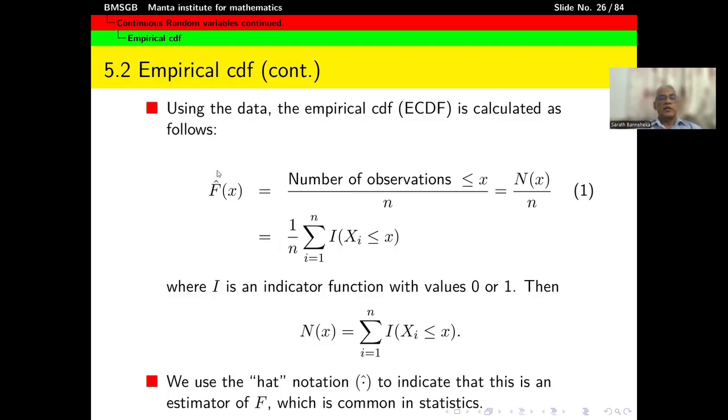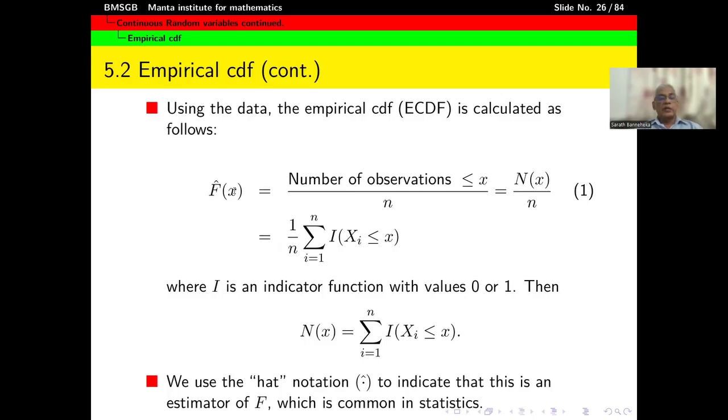So f at x will be 0. If x is equal to the first order statistic, then f at x will be the number of observations less than or equal to the first order statistic divided by n, which is 1 divided by n.